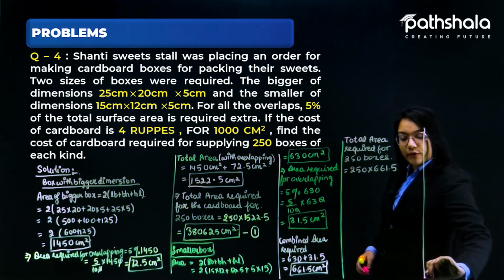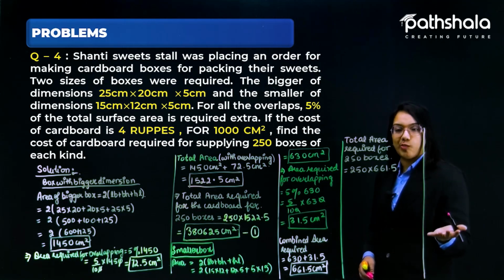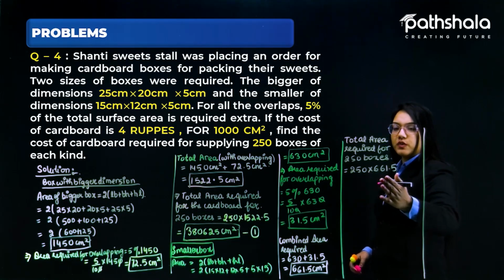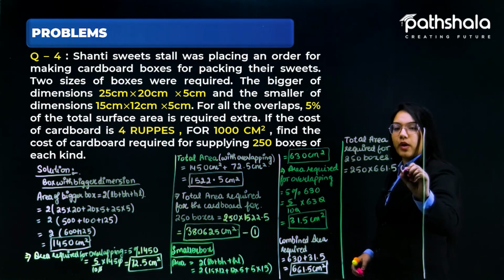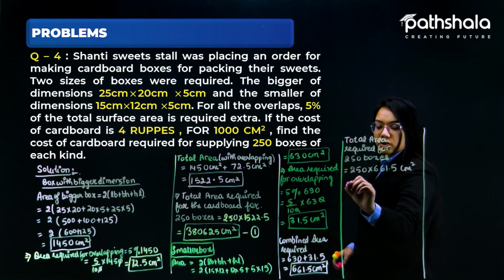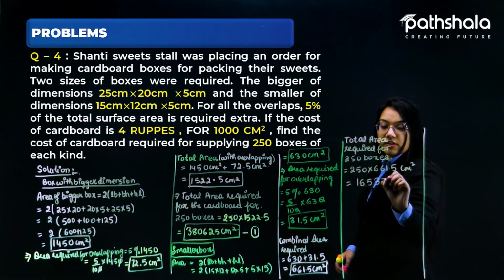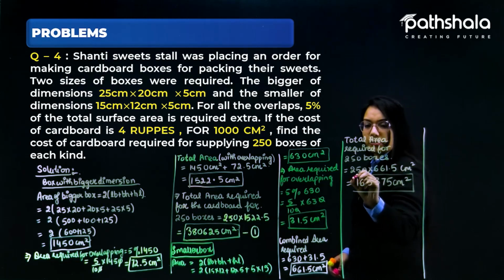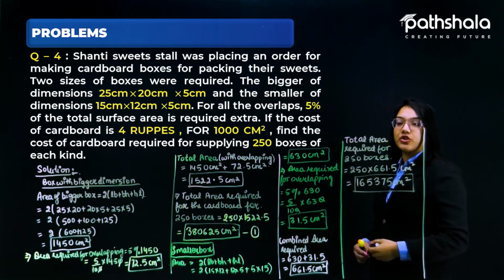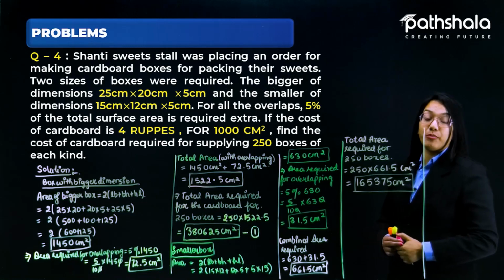So at the end we have to calculate the area for the 250 such boxes. So this should be 250 into 661.5 centimeter square. And hence after the calculation we will get the answer as 165,375 centimeter square. So this is the total area which is required for making 250 boxes out of the cardboard.